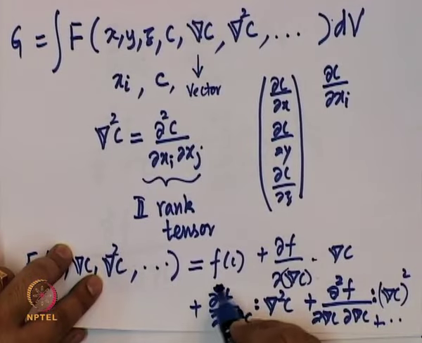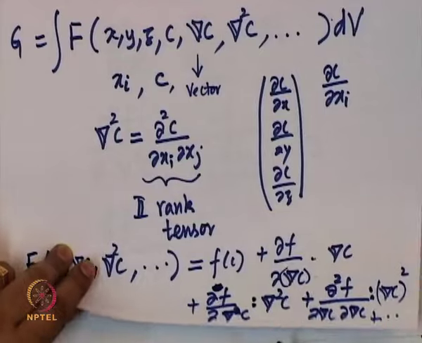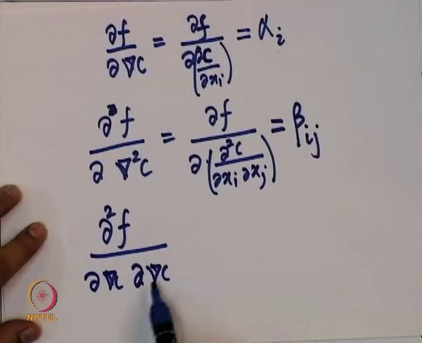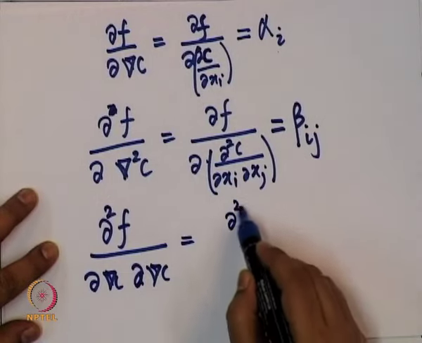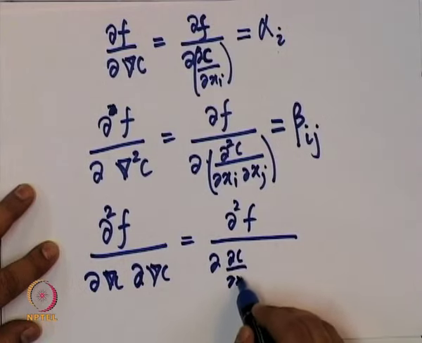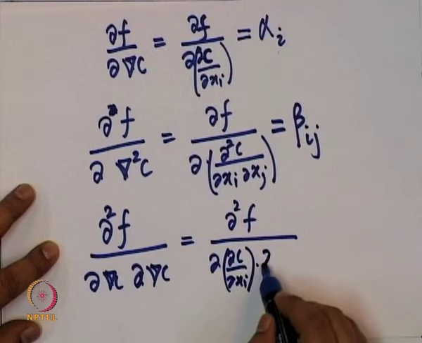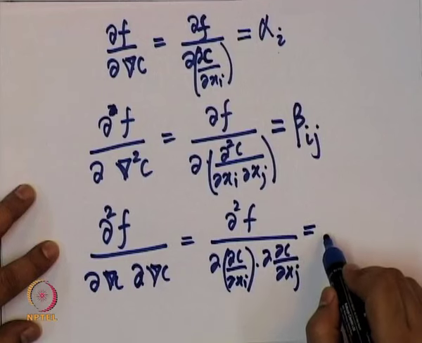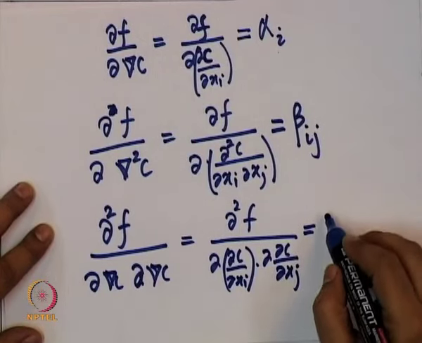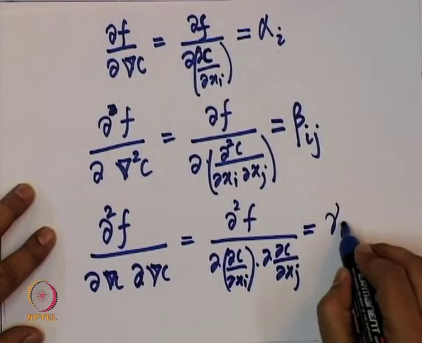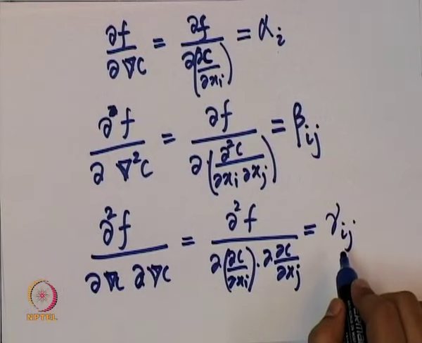So, this should not be del squared, it is del f by dou del squared C. So, del f by dou del C I am going to write as del squared f by dou C by dou x i and dou C by dou x j. So, let me call it some gamma ij. So, it is also a second rank tensor.